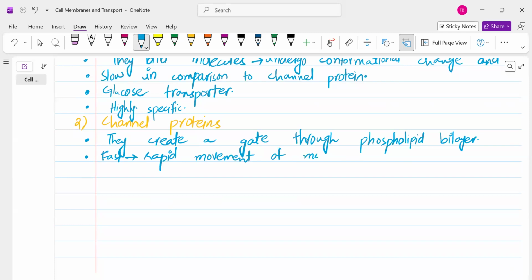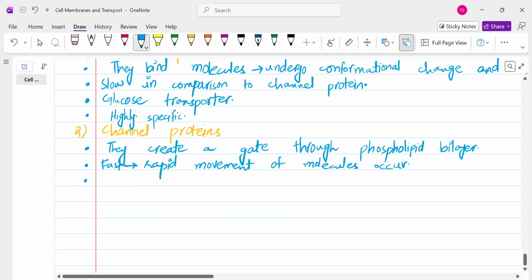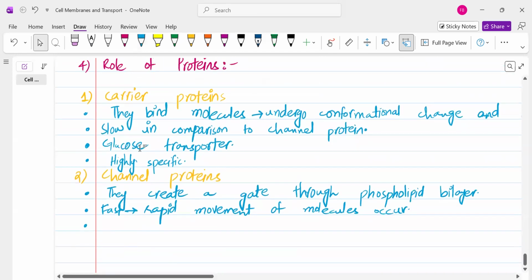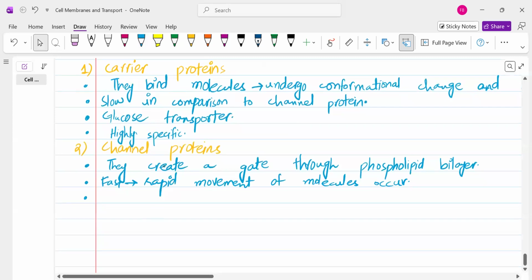They are not highly specific, you can say that. When I talk about the carrier proteins, they are specific in terms of the biomolecules. But when we talk about the channel proteins, they are specific for ions.